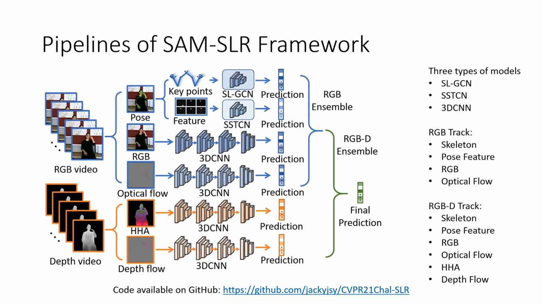We also extract optical flow from the depth videos. Then we have 3 types of models to deal with those modalities. We ensemble them together to make our final prediction. For the RGB track, we ensemble the predictions obtained from the key point path, feature path, RGB path, and RGB optical flow. For the RGBD track, we add the additional predictions from the HHA and depth flow paths to further boost the accuracy.